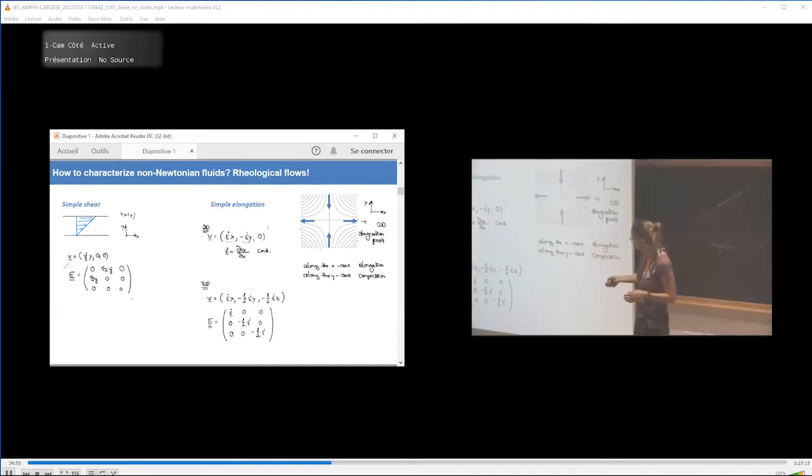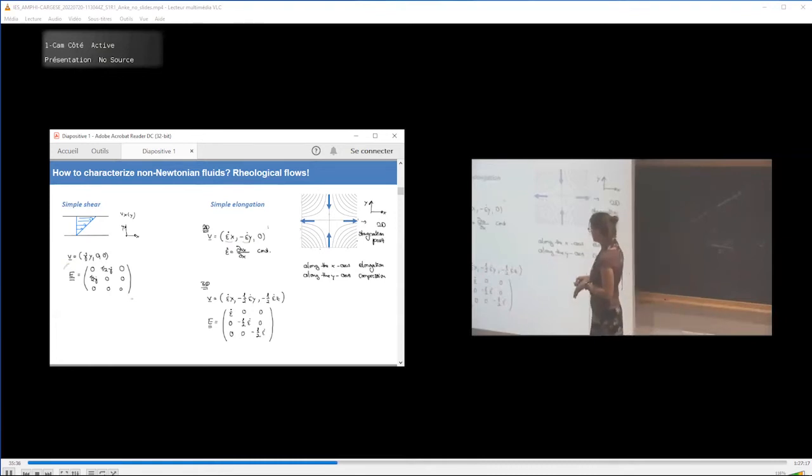And just by construction, we defined epsilon dot in one direction, and this in 2D already defines what needs to happen in y. Because we are in a situation where things are incompressible, what goes in one direction needs to go out in the other direction. So if now from this planar extensional flow I want to go to a 3D flow, it means that what goes into x will go out into y and z. So I get these two 1/2s. And this is exactly what we said. This comes from incompressibility, and the sum of these terms, the trace, is 0. Okay.